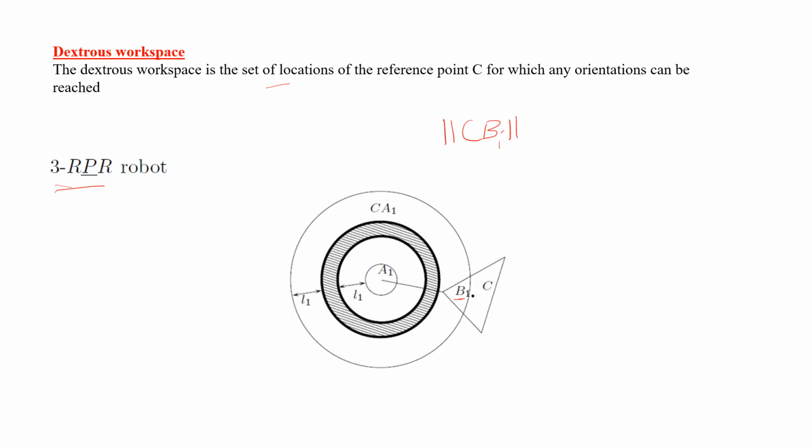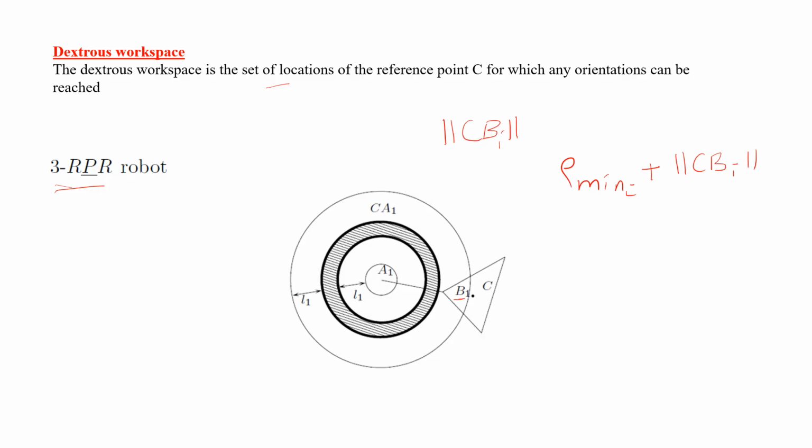Therefore, if we take into account only the constraints on link I, then the dexterous workspace is a circular annular region CAI. Writing this for one particular link, the internal radius will be rho min I plus the norm of CBI.